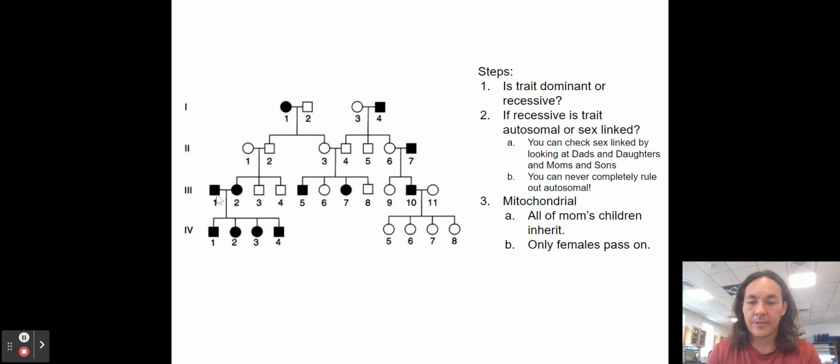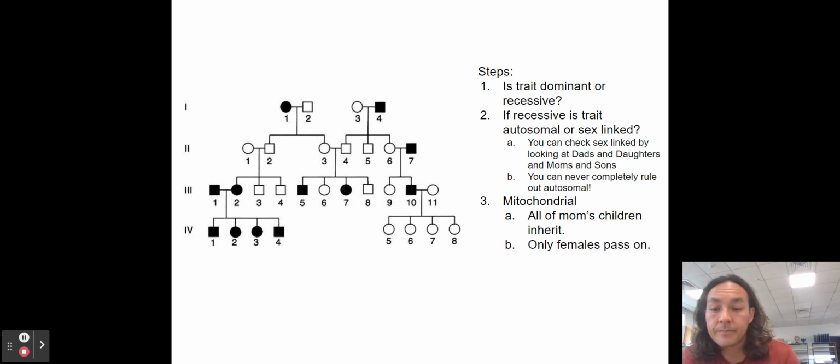Here I'd say III-1. The boxes are boys and the circles are girls. And I just remember boys for boxes and circles for ladies. Okay. If it is shaded, it means they have the trait. If it is half shaded, it means that they are a carrier.